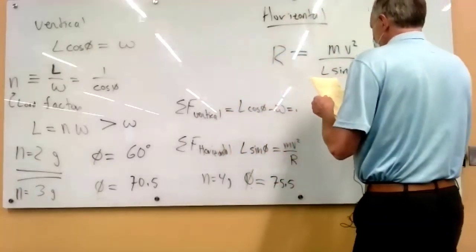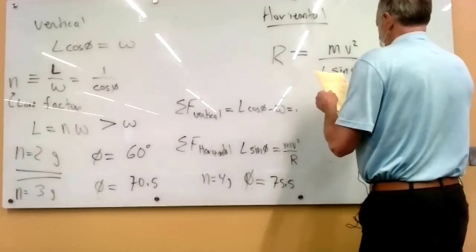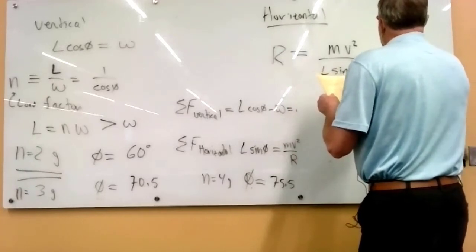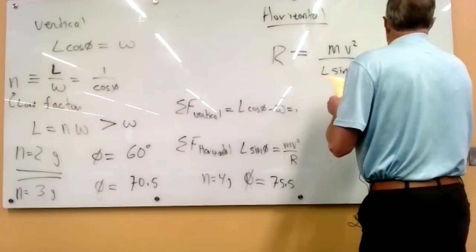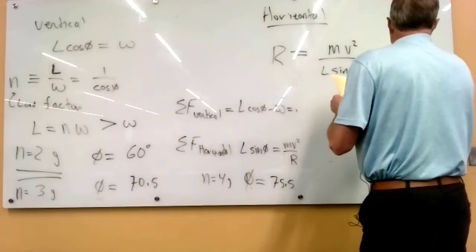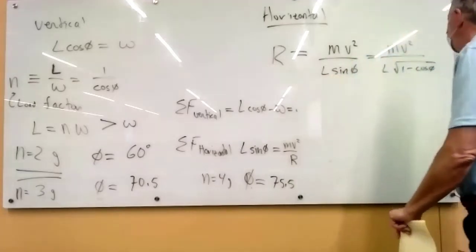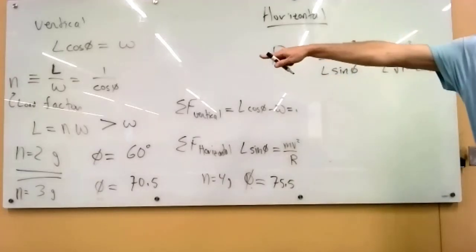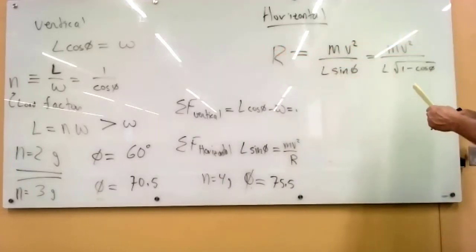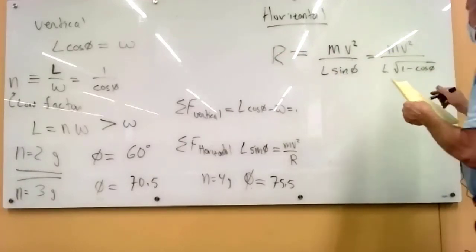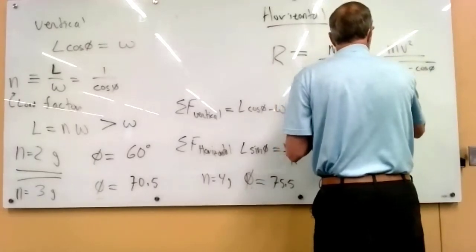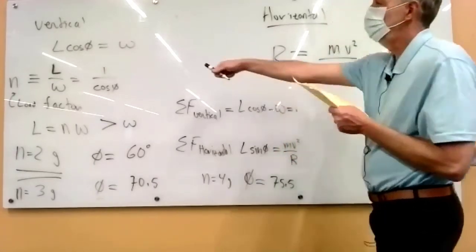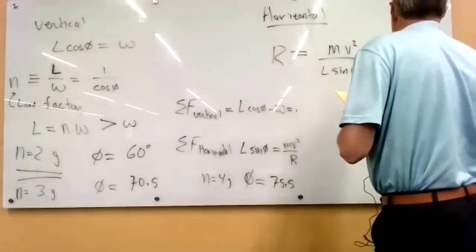And I'm going to manipulate this a little bit. I'm going to write the sine of phi as 1 minus the cosine phi, because cosine phi will be in terms of load factor. And for the lift, I'm going to put in N times W. So that's from that equation over there.